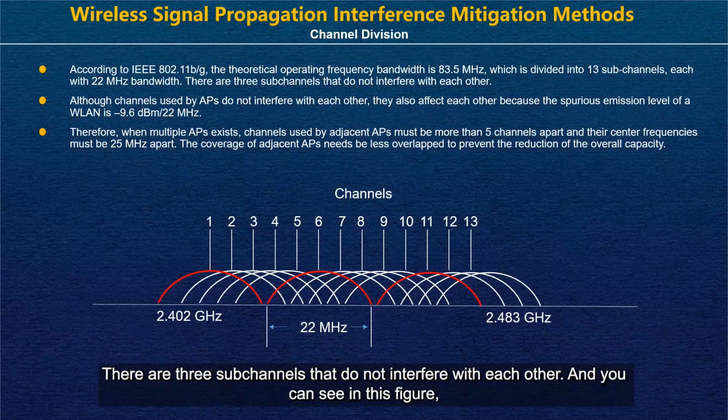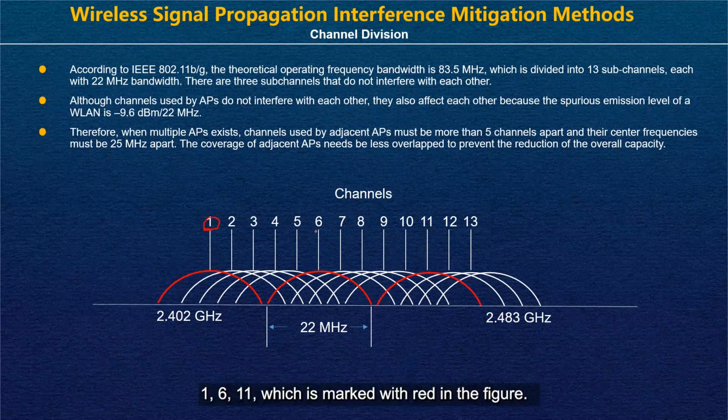There are 3 subchannels that do not interfere with each other, as you can see in this figure: 1, 6, and 11, which are marked with red in the figure.